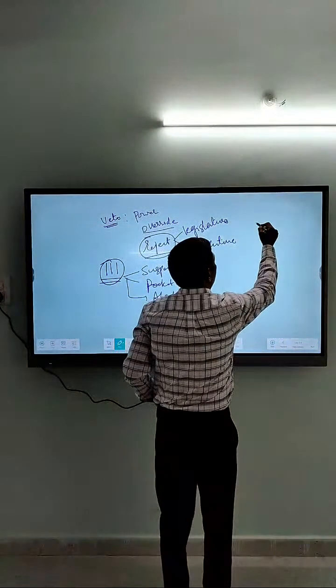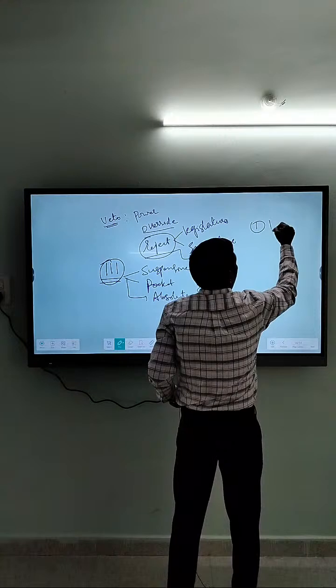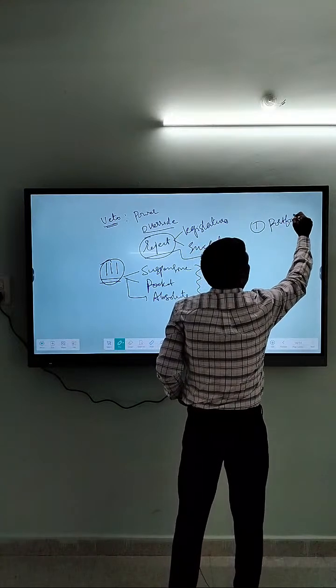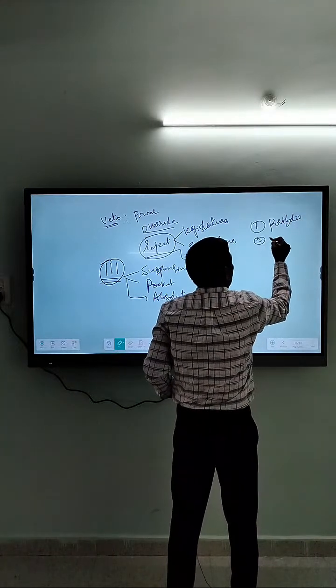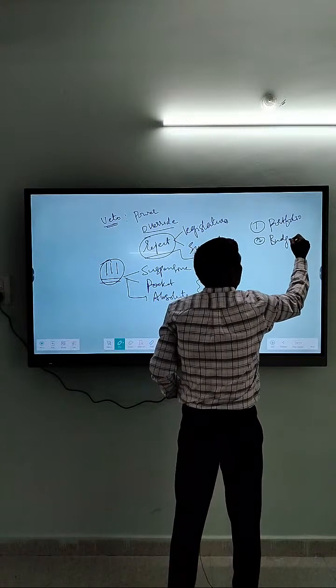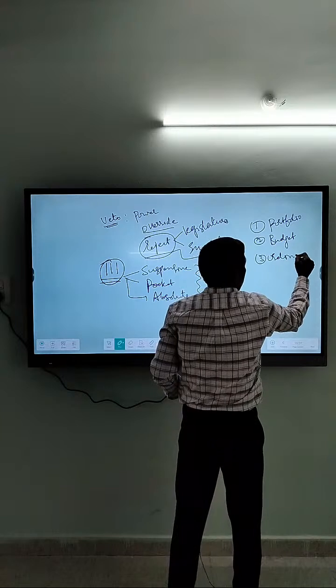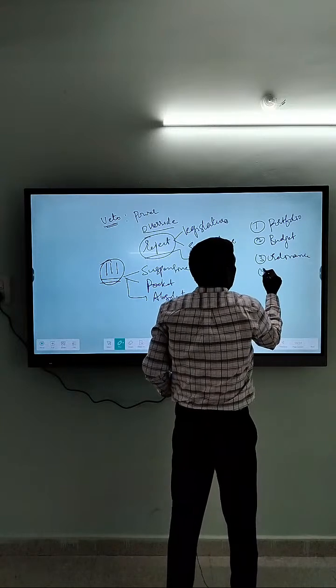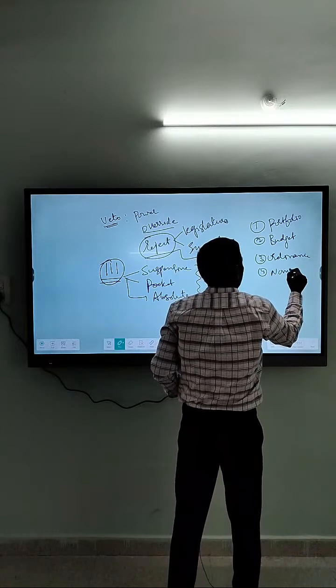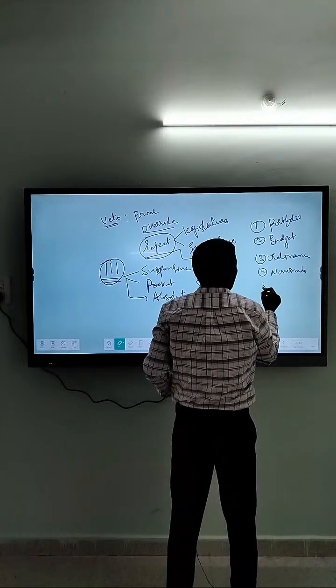Alright. It is known for the portfolio system, budget making power, then ordinance issuing power, power to nominate members, and power to veto the decisions.